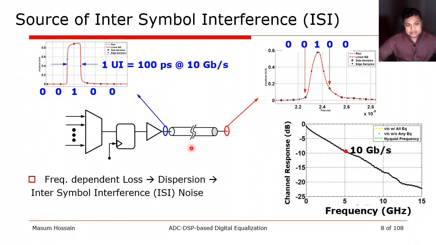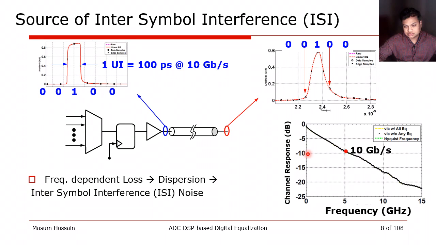So we can start with what happens when we try to send high frequency information or high speed data through a lossy channel. Let's start with the channel characteristics. Here is the frequency response of the channel, and as you can see, it has a frequency dependent loss.